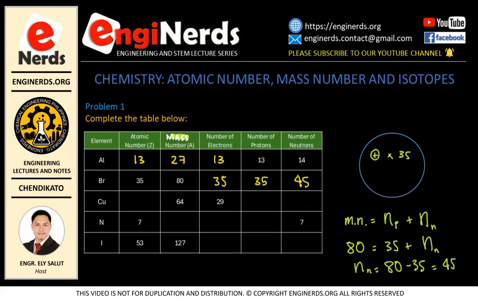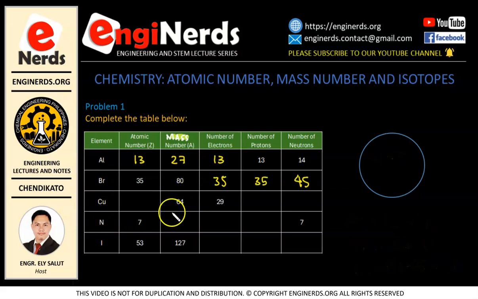We will now go to the third row. Okay, for copper, the mass number is 64 and the number of electrons is 29. So we have electrons, which are outside our nucleus, which is 29. So it is negatively charged. Okay, and this is 29.